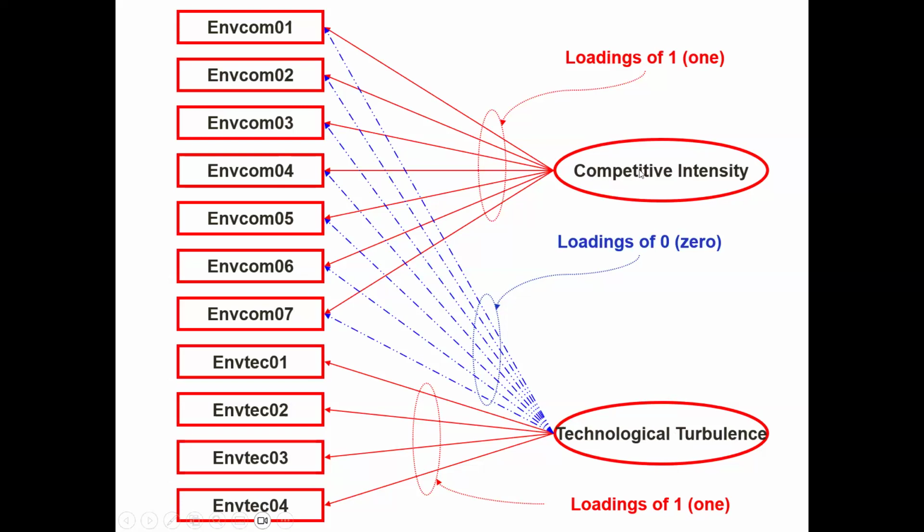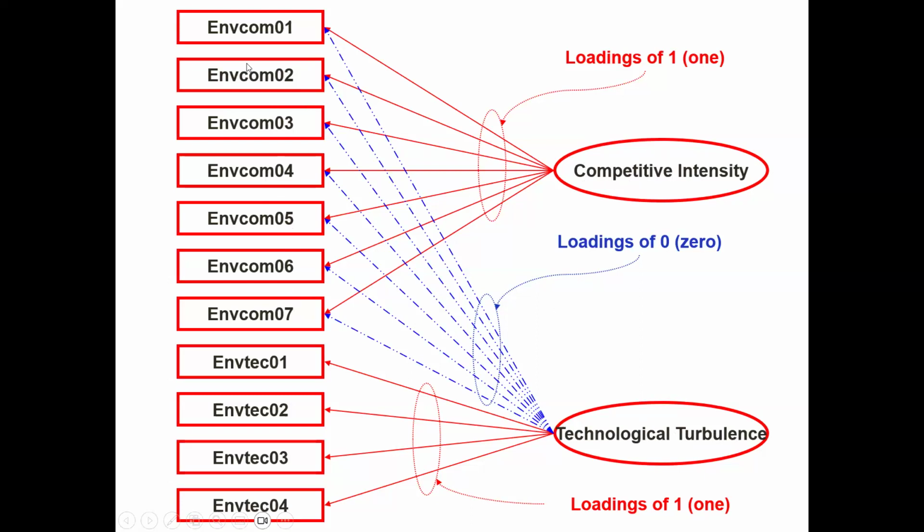What we are assuming here is that competitive intensity gives rise to these indicators that we observe in the real field. If there is high competitive intensity, you will see high scores; if there is low competitive intensity, you will see low scores on these indicators. The same applies to technological turbulence.